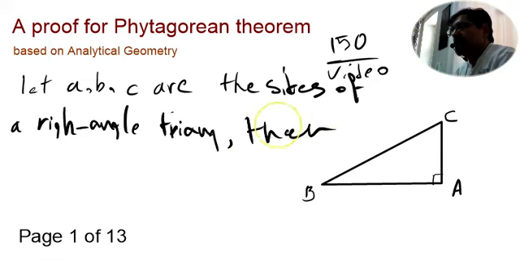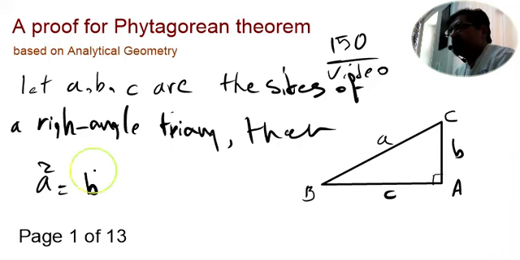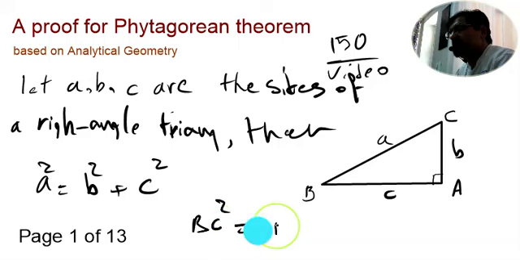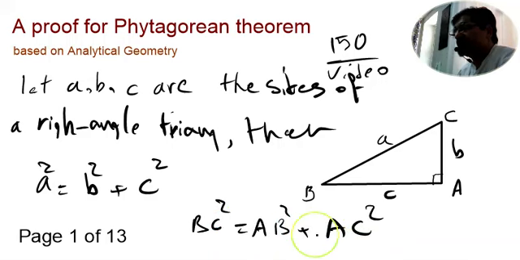Then we have A square equals B square plus C square. On the other hand, BC square equals AB square plus AC square.